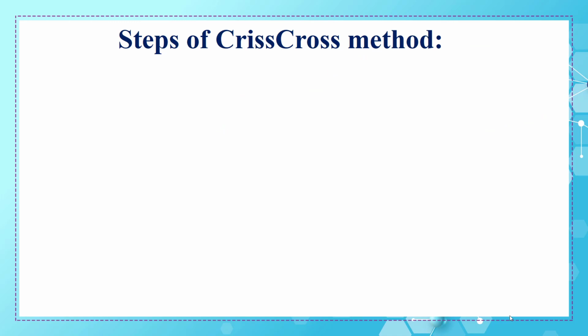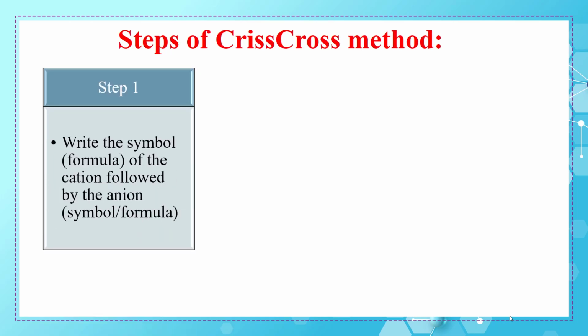Let us start. So, steps of Criss-Cross method. Keep attention, guys. Step 1. The step 1 states that to write the symbol or the formula of the cation followed by the anion. So we start the step 1 by writing the formula of the cation, then we follow it by the formula of the anion.